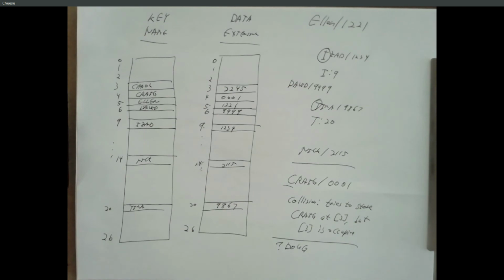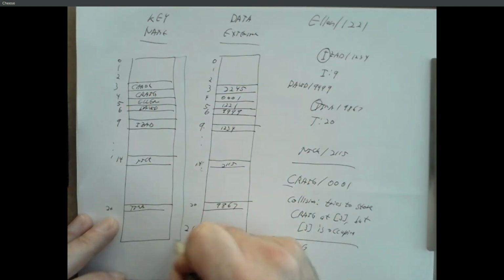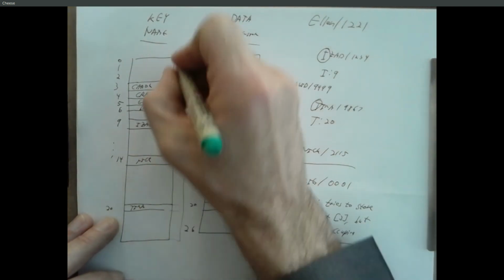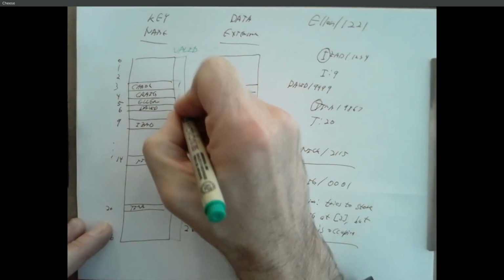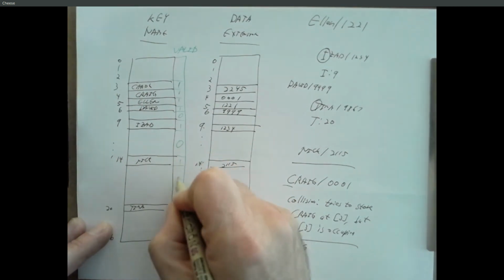So we need to augment this name with at least one more field, which we can call valid. And when we store a name in here, we'll set the valid field to be a 1, and it'll be 0 everywhere else.